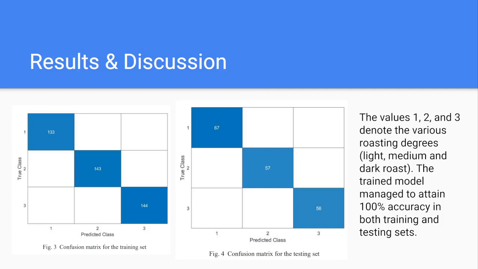What we found was that the classification results was very good. We obtained 100% accuracy in both training and testing sets. This indicates that the S parameters from the MNDT testing were very different for each and every roast level.